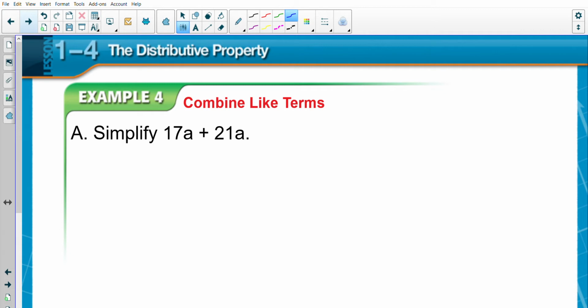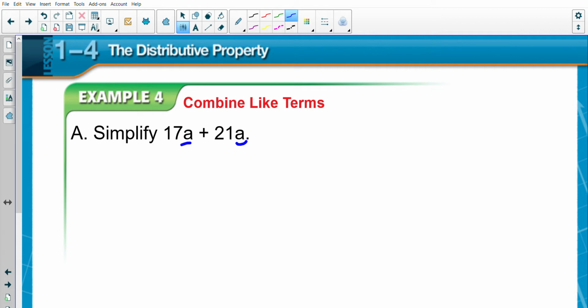We'll talk about multiplication later, because you can multiply anything together. But when it comes to addition and subtraction, the only way we can do it is if they're like terms. And what makes them like terms is if they have the same variable. They both have the same variable A.